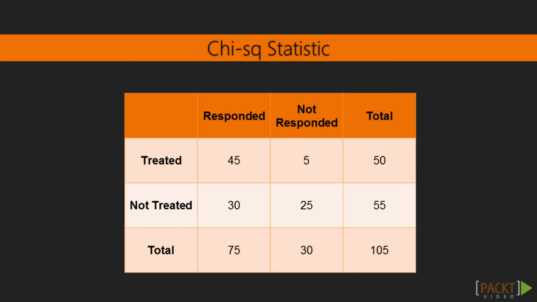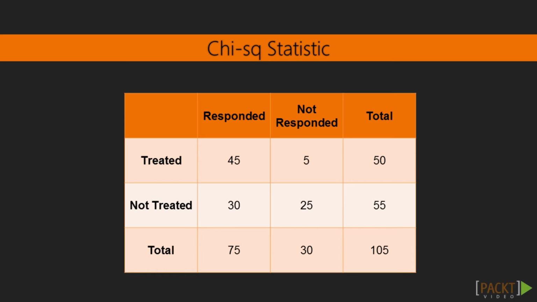But here, 45 out of 50 patients showed improvement, which is 90%. So it is kind of easy to determine in the 2x2 case. But it gets complicated if you had 3x3 or n-by-n tables. In such cases especially, the chi-square statistic is really helpful.